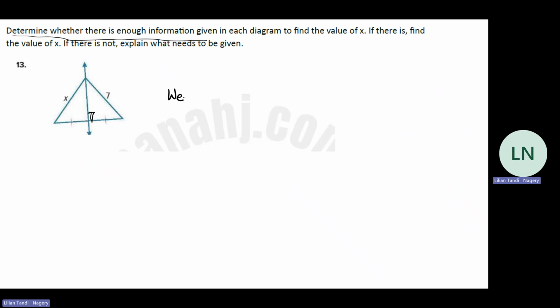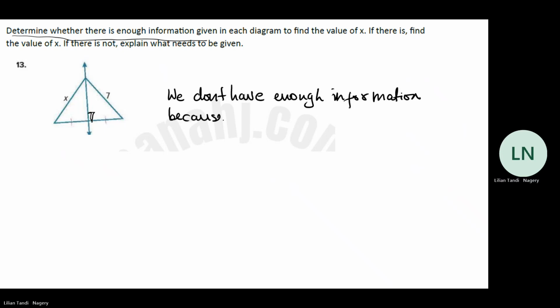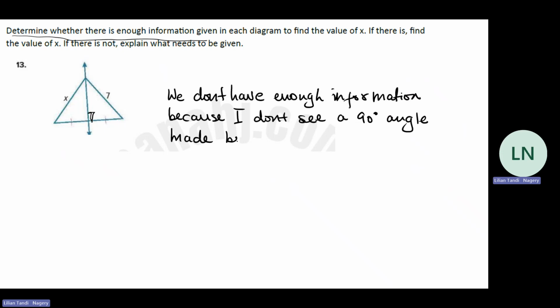So we don't have enough information because I don't see a 90-degree angle made by the height and base of the triangle. Okay?